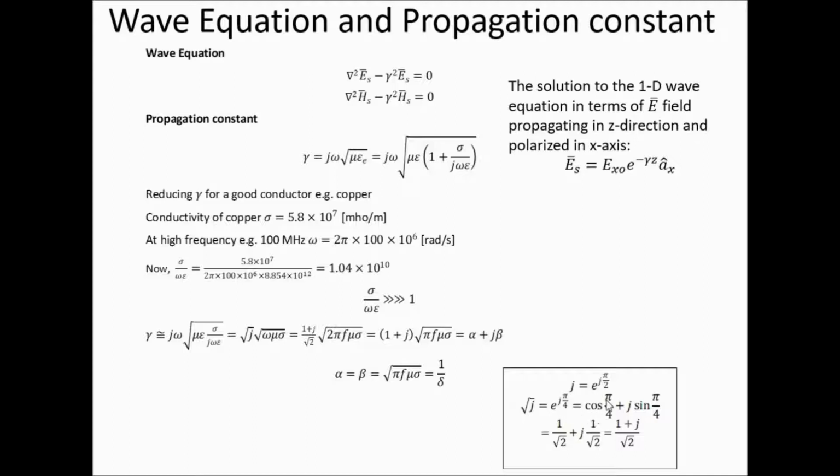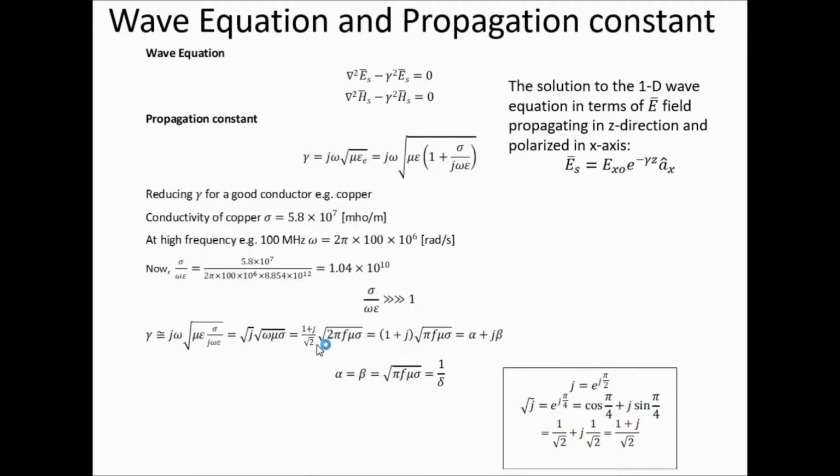So that is cosine pi over 4 plus j sine pi over 4. Cosine pi over 4 is 1 over root 2 and sine pi over 4 is also 1 over square root of 2. So you can write it as (1 plus j) over square root of 2. We substitute square root of j with this number.